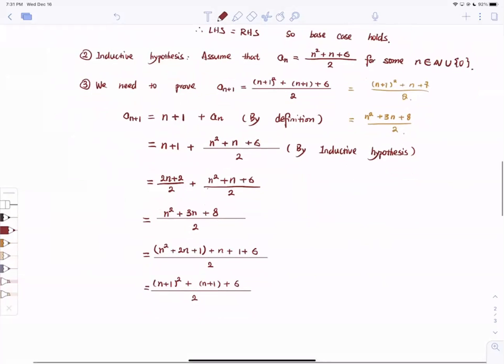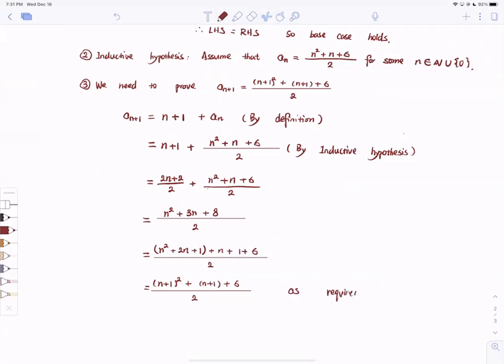Okay, so this is what I need, as required. So by PMI, a_n equals n squared plus n plus 6 over 2 for all n in the natural numbers union 0. Okay, any question?